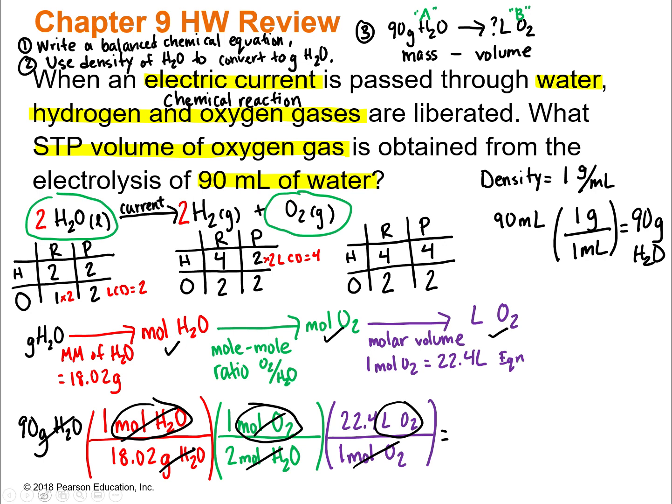All that checks out. When you put it into your calculator, it doesn't hurt to use parentheses here. And that should be your final answer. 55.9 liters of oxygen gas.